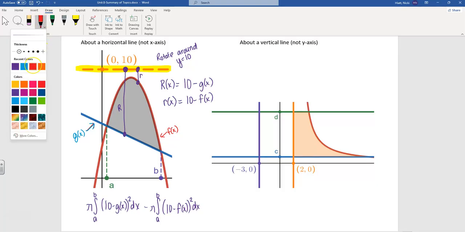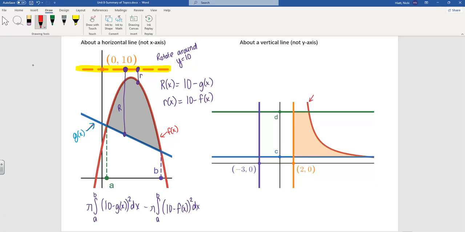And last one, let's call this one f of y. This orange line is x equals 2. We are going to rotate around x equals negative 3. So this line right here is what we're rotating around. So, going to have a hole because you don't touch the line you're rotating around.